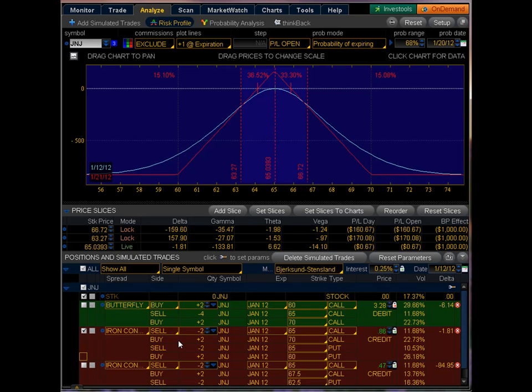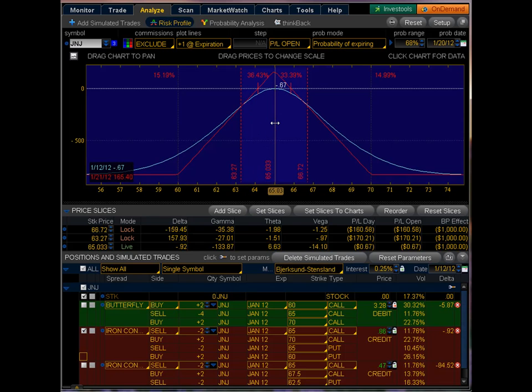They work in similar formats, but as you can see, this is a credit trade. This is not a debit trade. And because it has 4 legs and it's made up of calls and puts, the adjustments here would vary. The thing to be careful of is that even though this is a credit trade, you still want to exit this trade because you don't want to be in the money and get exercised at expiration.